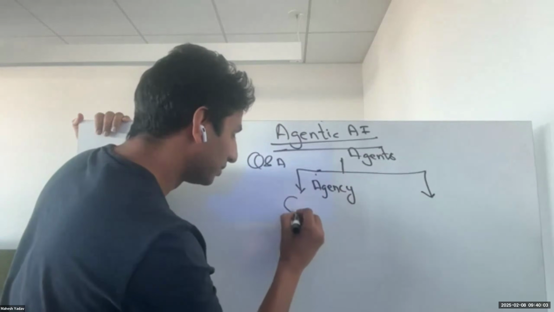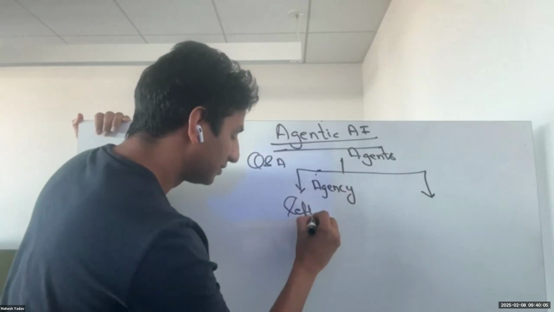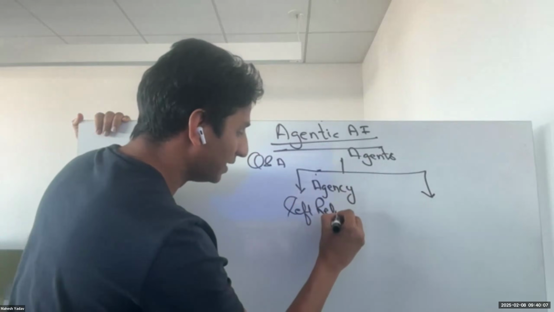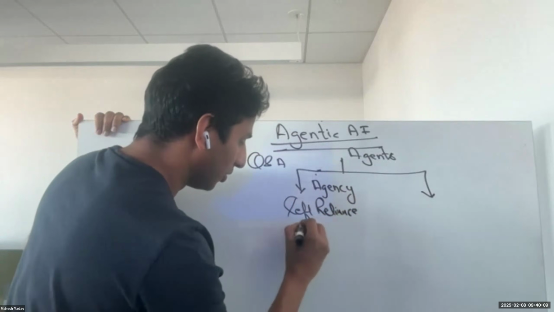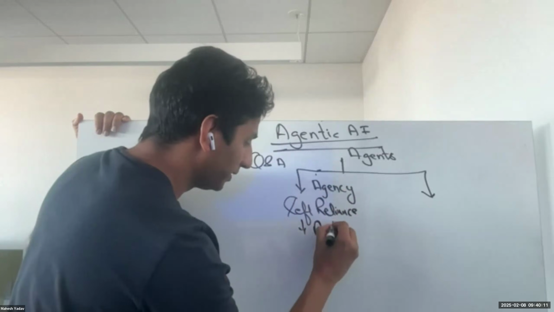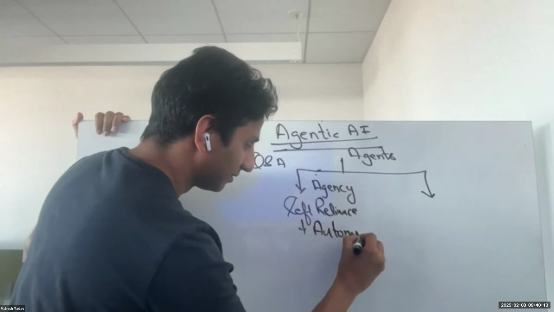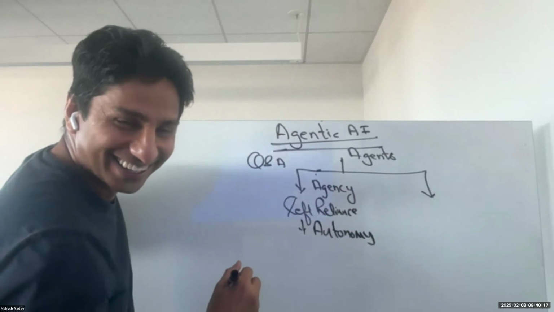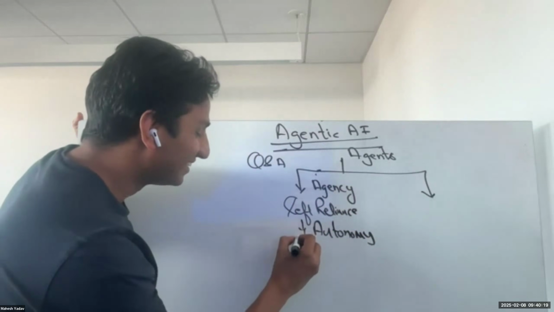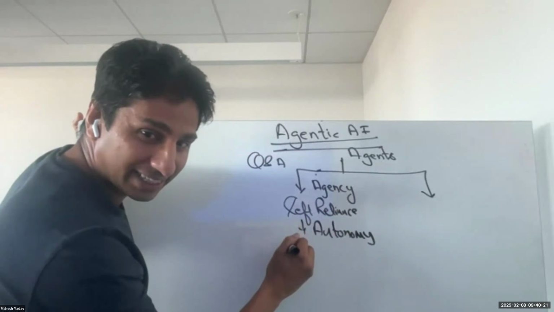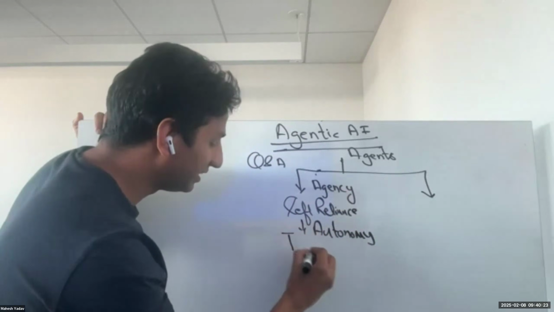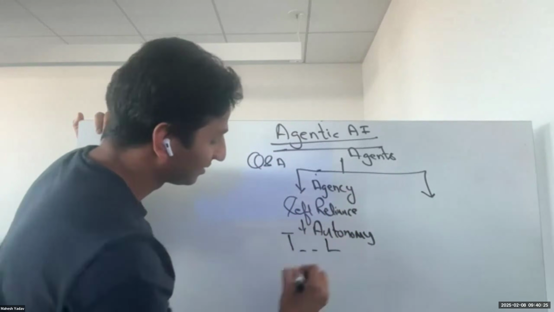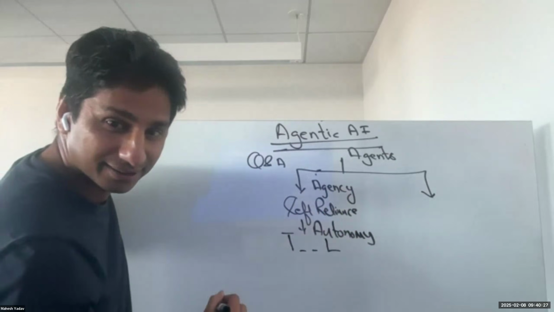Tell me something more. Reasoning. How do you build self-reliance? Autonomy. How do you get autonomy? Somebody, it starts with T.